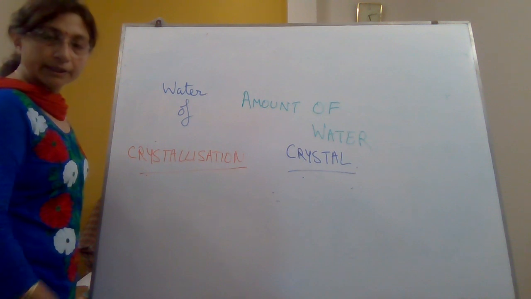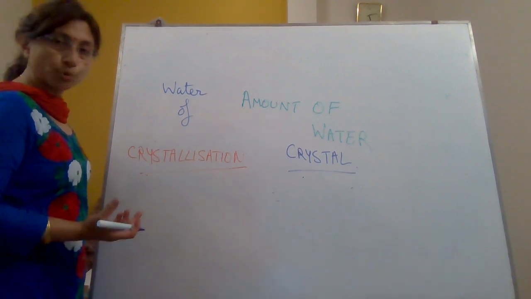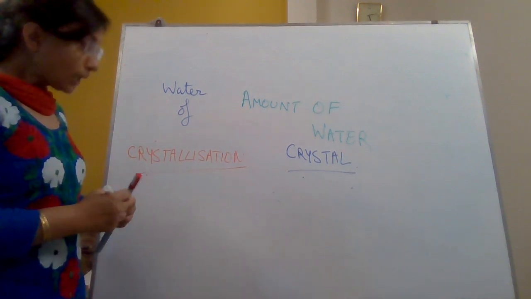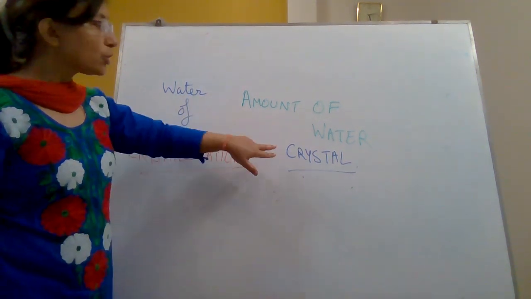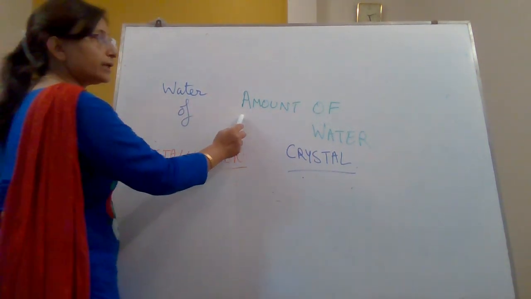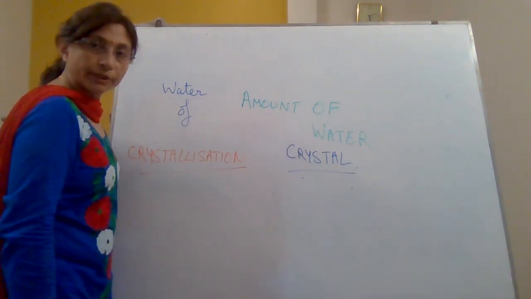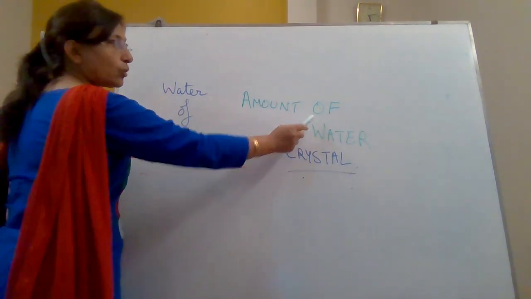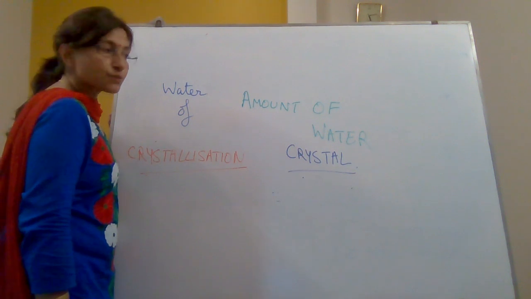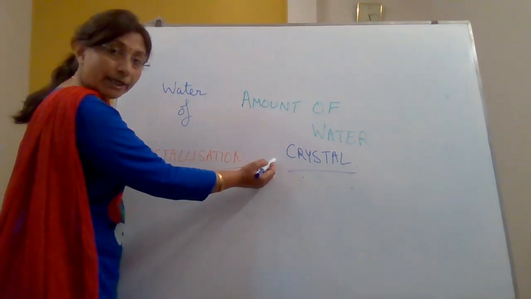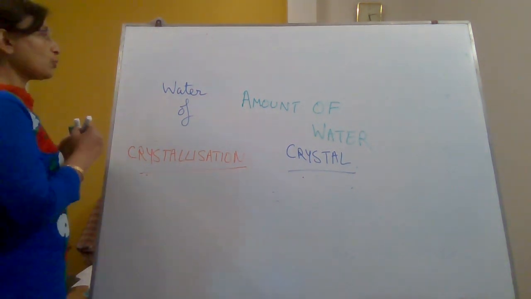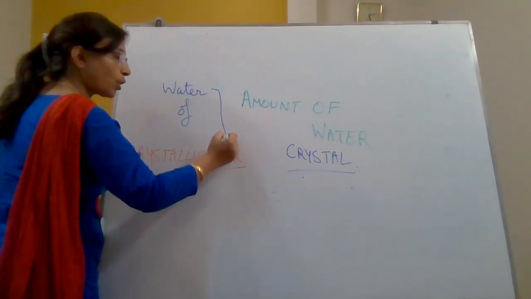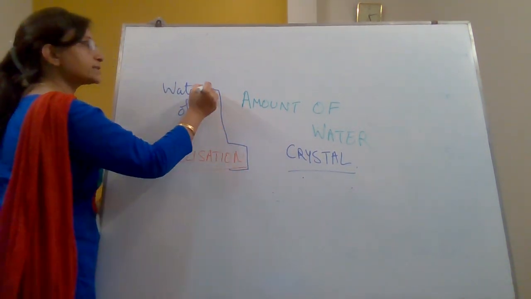Initially हमने पढ़ा था that all the crystals have a geometrical shape. These crystals have a geometrical shape. Why? Because these crystals contain a fixed amount of water in them, and this amount of water which is responsible for the shape of the crystals, we call this amount of water water of crystallization.